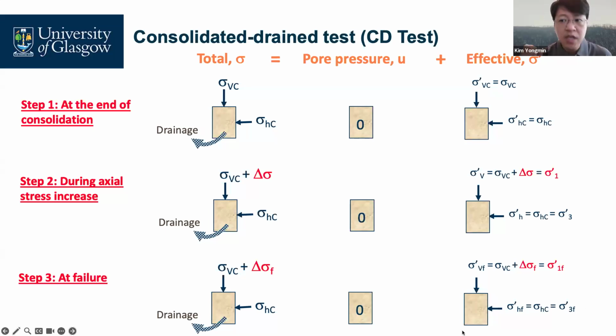Then clearly mention that, for example, this deviator stress finally became effective stress in the CD tests. Then I can understand what you are trying to say. I don't care about delta sigma equals delta sigma prime 1. I don't care about the symbol, the naming, but I will look at your intentions, what you try to explain.